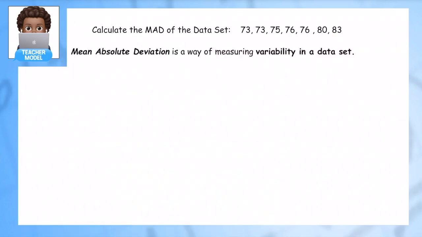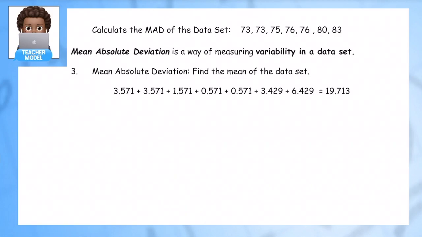Then the next part is you're going to find the mean absolute deviation, meaning you're going to take all of those distances and add them all up. Then you're going to find the average of those numbers. So from all this work, the mean absolute deviation is 2.816.